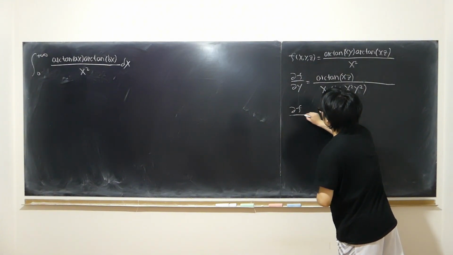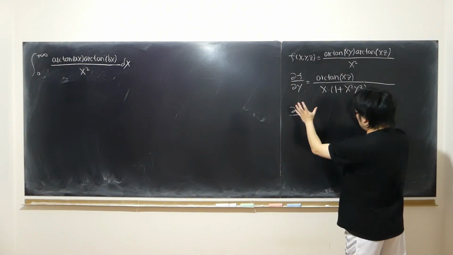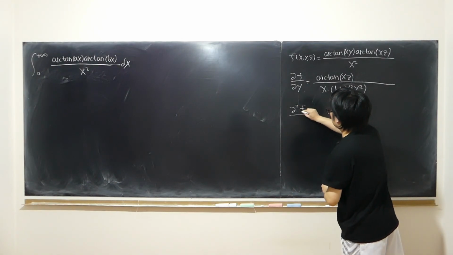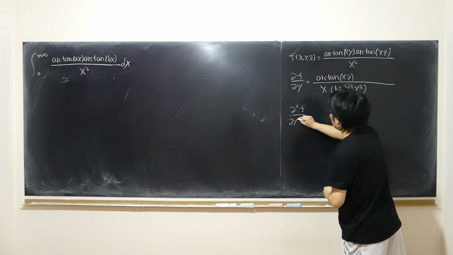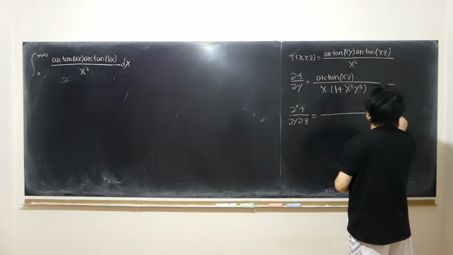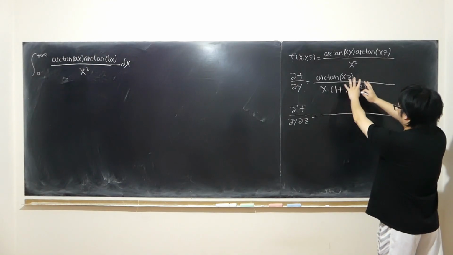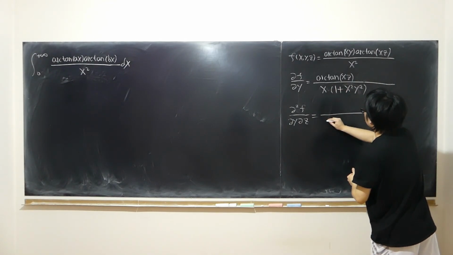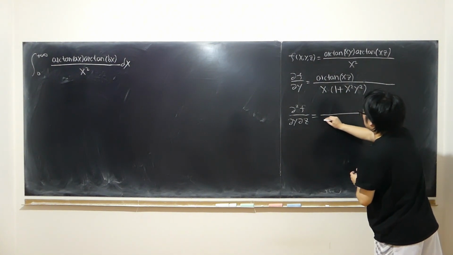Likewise, this time I'm going to differentiate again, the second order partial derivative, this time with respect to z. That is, differentiate this one with respect to z. Of course, copy down the bottom. X, y are both constants.